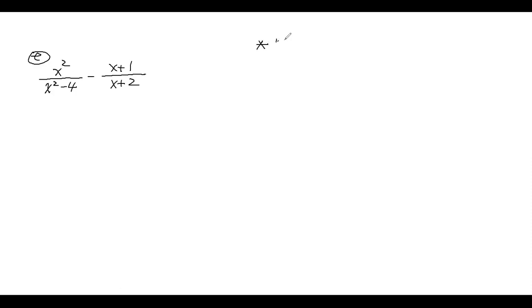First, do you know how to factor? Second, when you try to combine the two fractions, do you know how to find the common denominator? This problem tests whether you know how to do these two things.